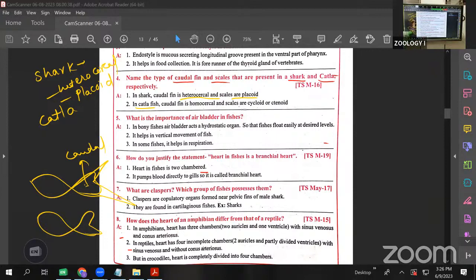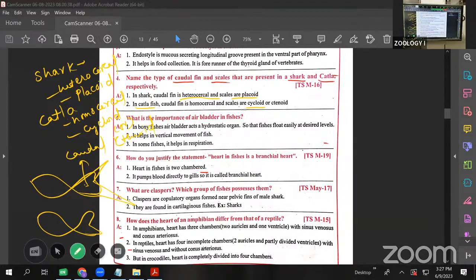In this, a homocercal type of caudal fin is present, and which type of scales are present? Cycloid or ctenoid scales are present.